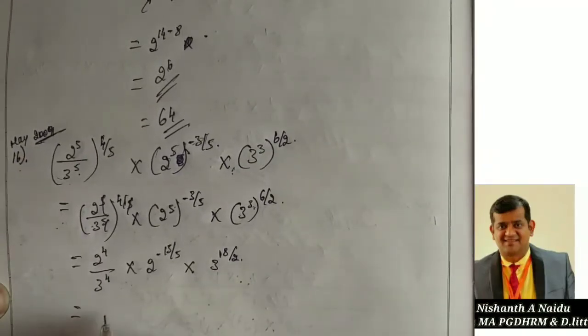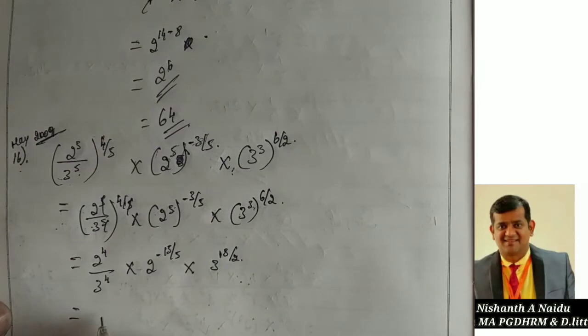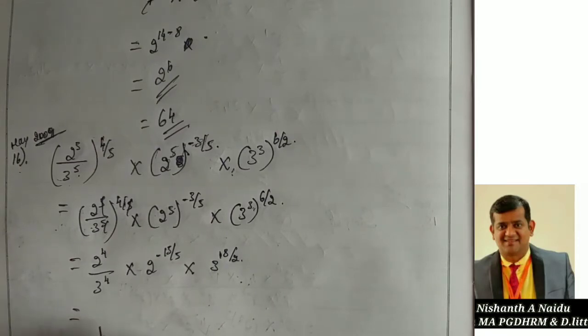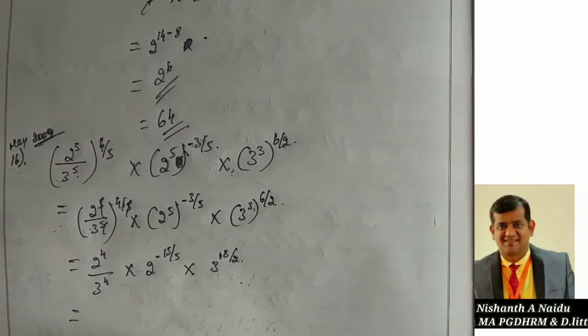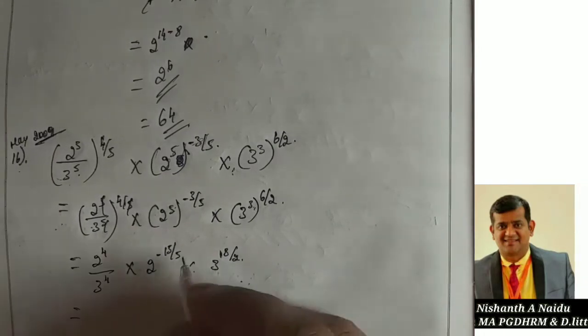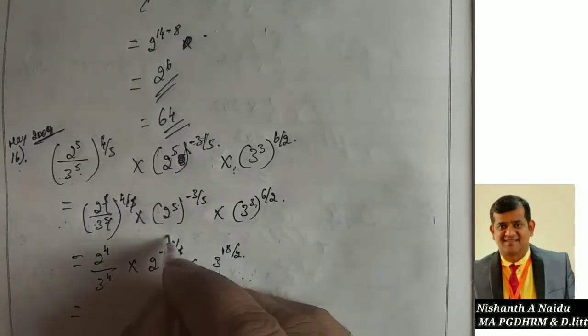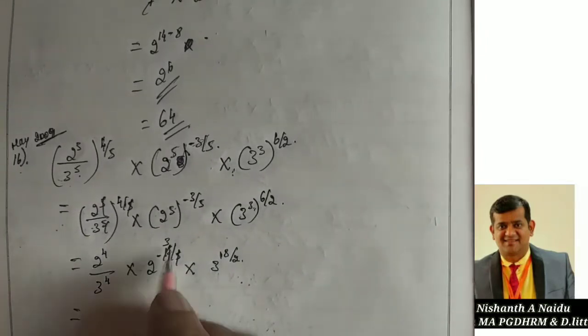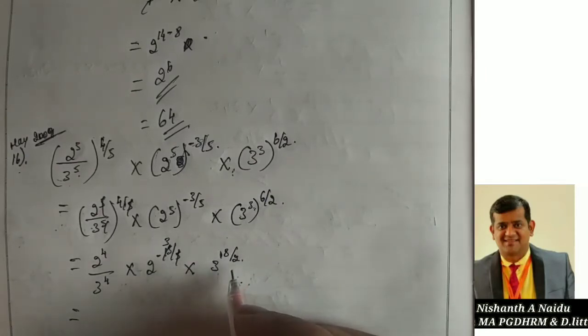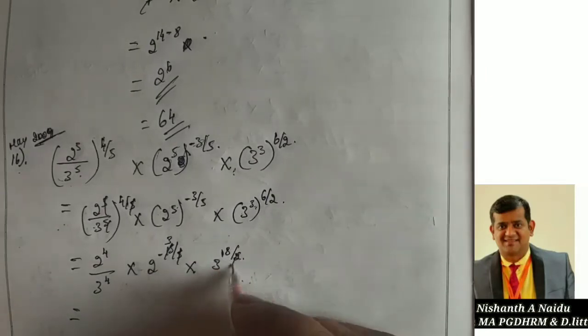Fine. So in the next step, what are we going to do? We are going to take the common factors. Clear? So how are we going to take common factors? Here 5 ones are, 5 threes are, so we got minus 3 power, and in the same way here 9, 2 nines are, 2 ones are.